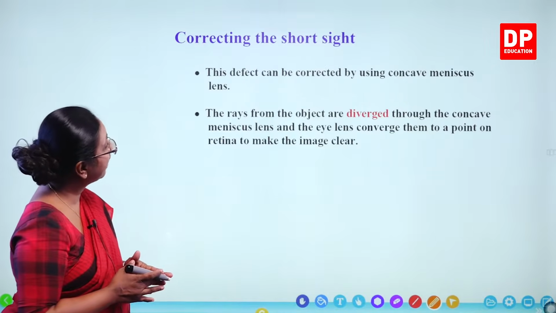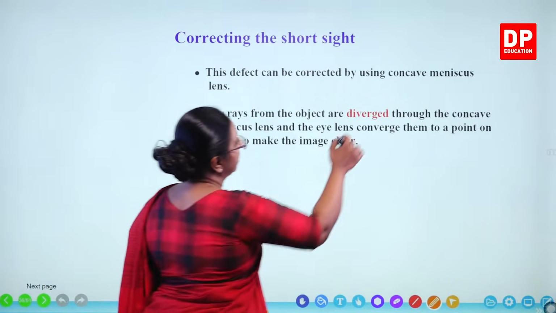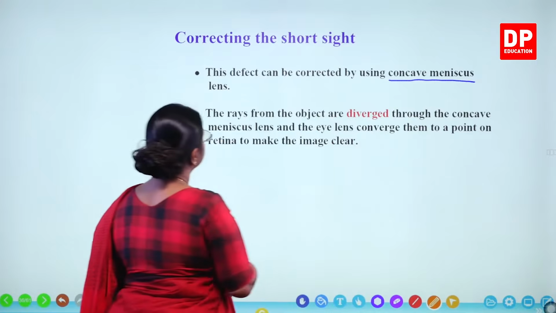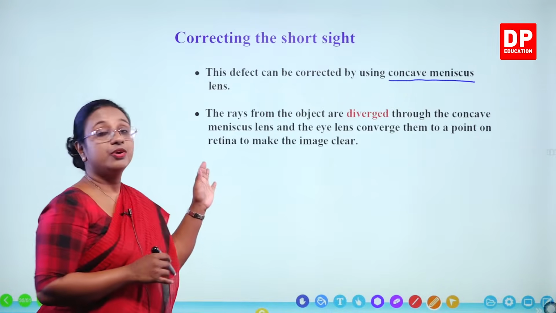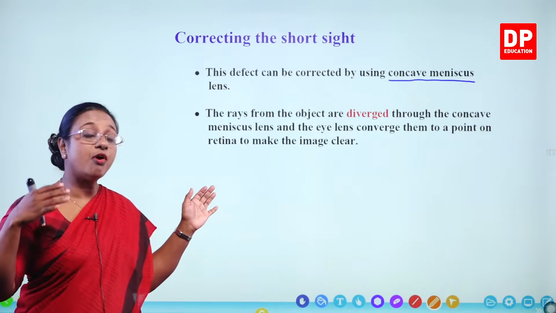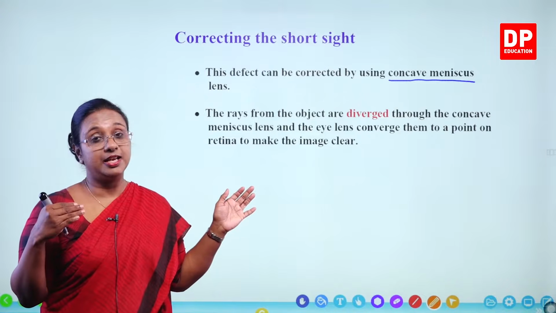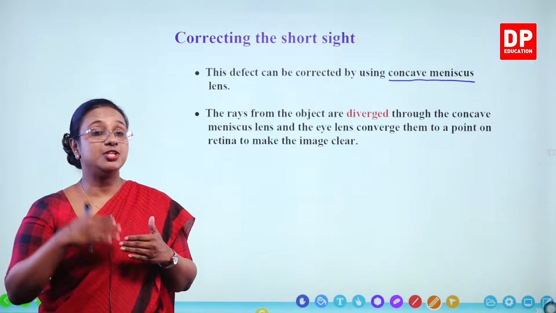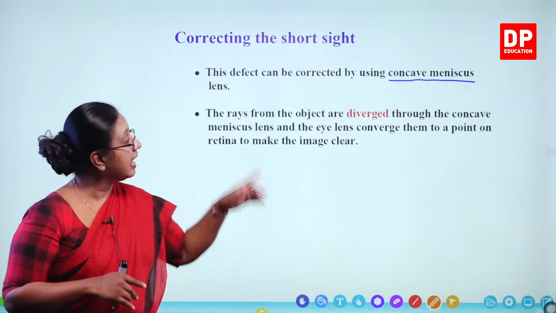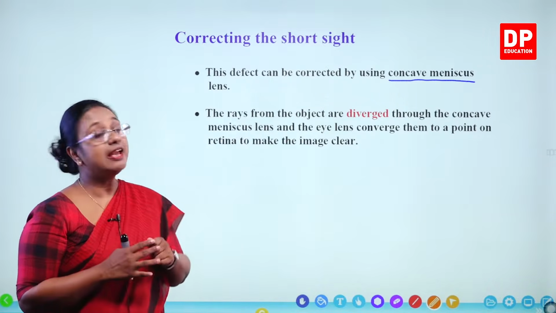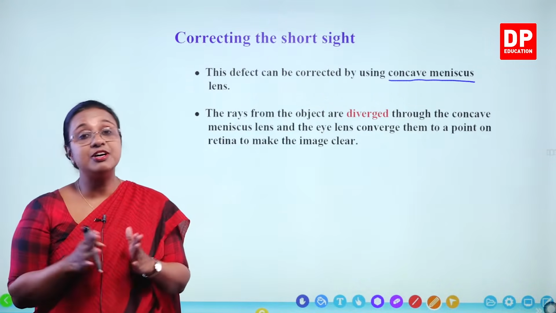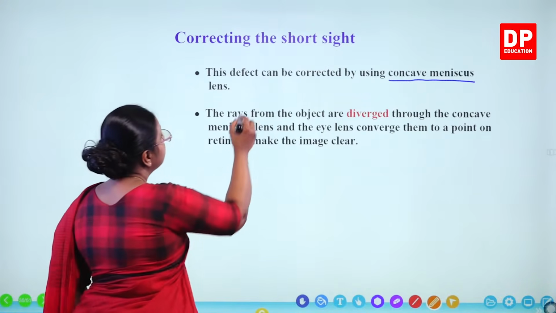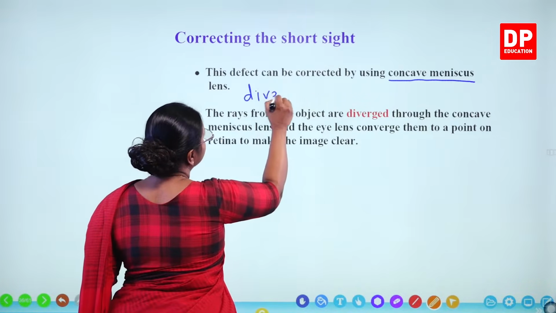So this defect can be corrected by using concave meniscus lens. So here the image is forming in front of the retina. So we have to make the image form on the retina. And as you all know, concave lenses are diverging lenses.